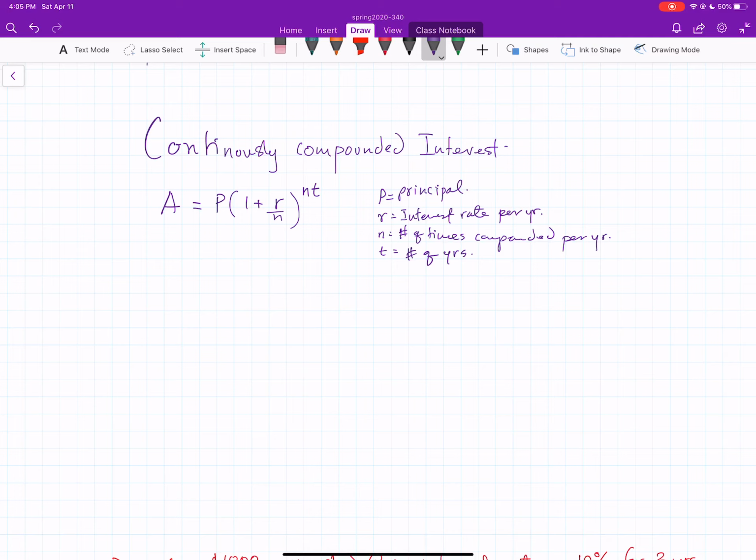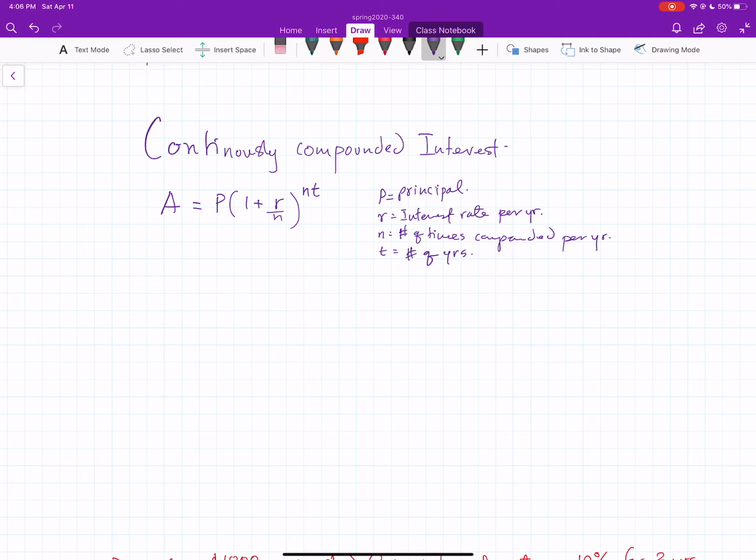Think about compounding instantly. So every instant your money is being compounded. Every moment, every second, millisecond, every instant of the day, your money is being compounded. So if you think about how many times that is, it's a lot. That is close to infinity.